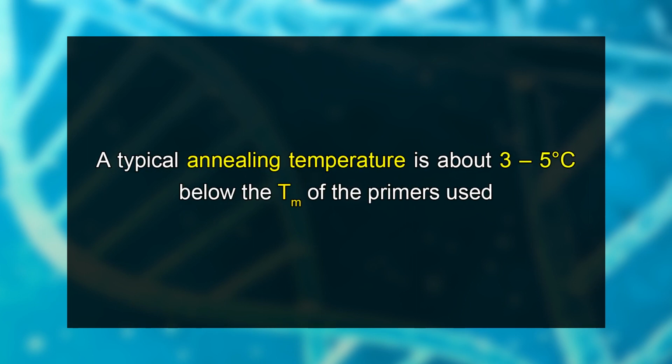A typical annealing temperature is about 3 to 5 degrees centigrade below the melting temperature of the primers used. Stable hydrogen bonds between complementary bases are formed only when the primer sequence very closely matches the template sequence. During this step, the polymerase binds to the primer-template hybrid and begins DNA formation.